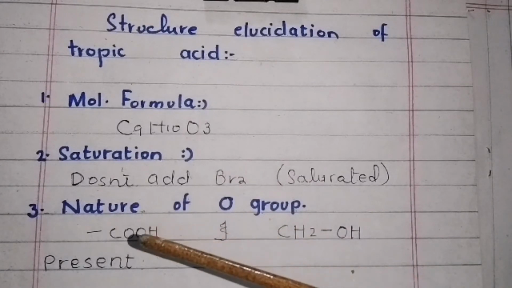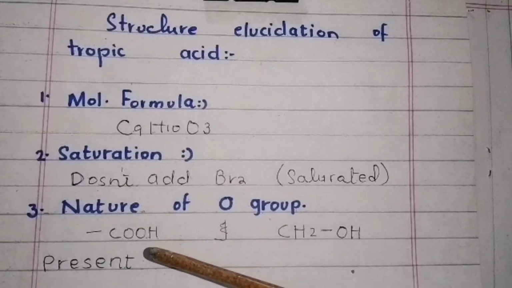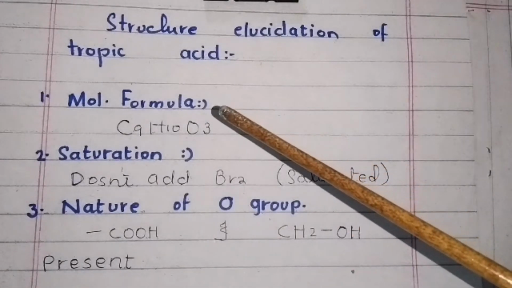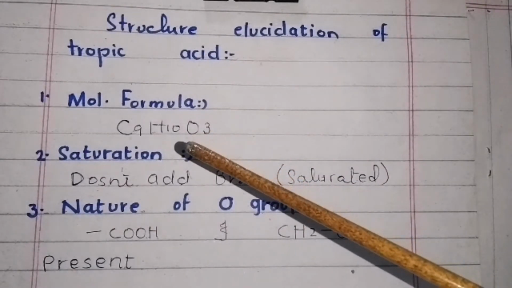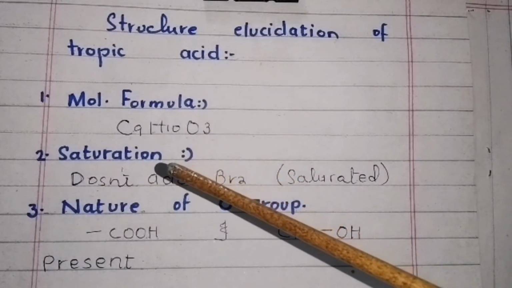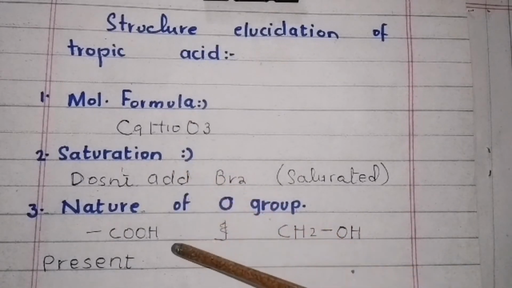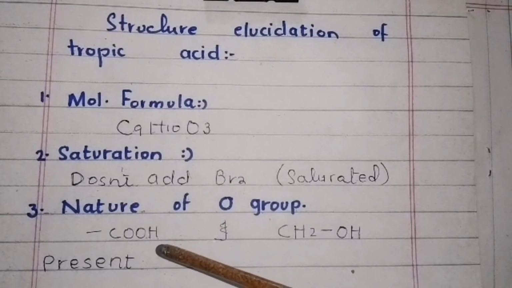Now, in order to find the presence of the carboxylic acid group, we are going to do a solubility test. Tropic acid is going to be dissolved in aqueous Na2CO3 or NH3, and the solubility indicates the presence of a carboxylic acid group.